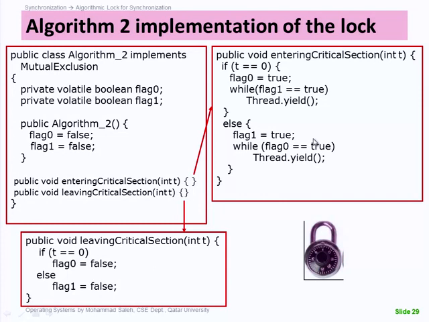Now, for this one, only one can be active at the same time. Because a thread can be active in a critical section only if it has the intention of entering the critical section and the other doesn't have. Only that way. And we have only two threads, so mutual exclusion is met.